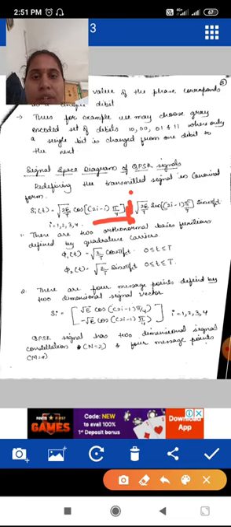When you compare this equation with the standard equation of Si of t which we have seen in the last module, any signal Si of t is represented by, for example, S1 of t equals S11 phi 1 of t plus S12 phi 2 of t.